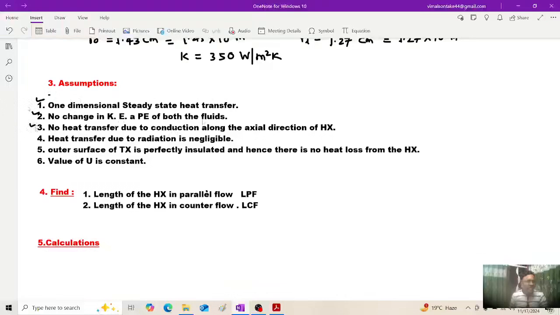Assumption number 3, no heat transfer due to conduction along the axial direction of the heat exchanger; heat conduction is considered to take place in the radial direction of the heat exchanger only. Number 4, heat transfer due to radiation is negligible. Number 5, the outer surface of the heat exchanger is perfectly insulated and hence there is no heat loss from the heat exchanger. And assumption number 6, the value of overall heat transfer coefficient is constant.